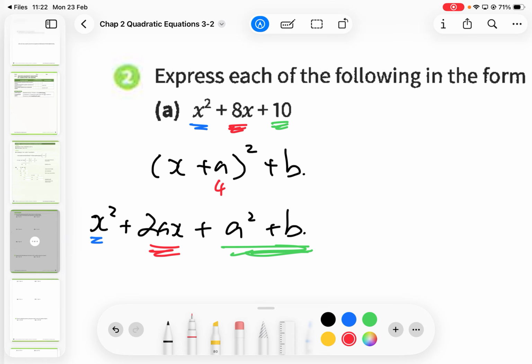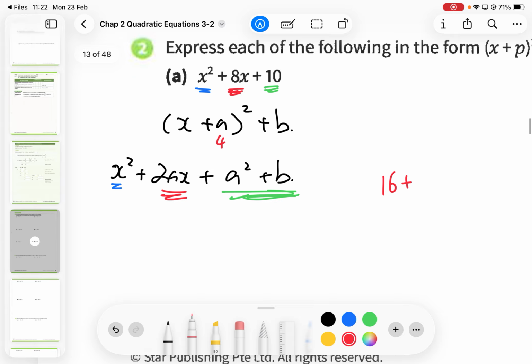If I know that a is 4, do I know what b is now? 4 squared plus b equals 10. So a squared plus b is the same as 10, meaning 16 plus b equals 10. So from there, I can know that my b is actually negative 6.